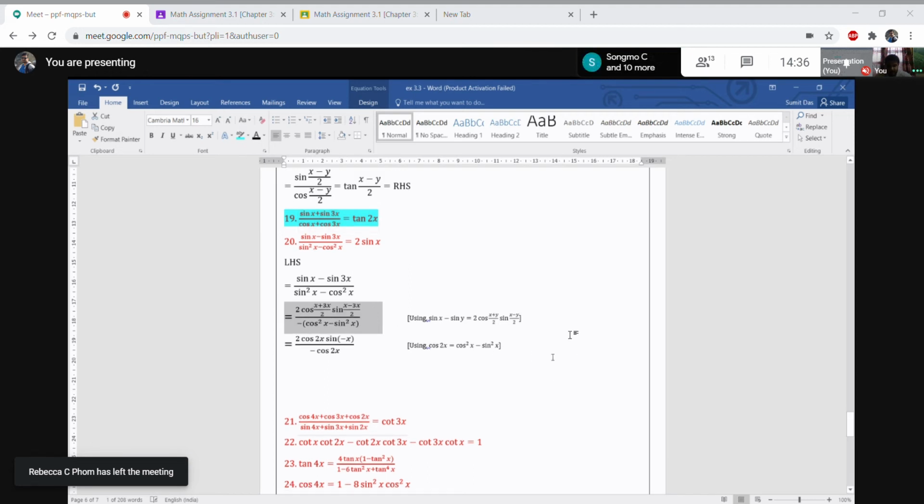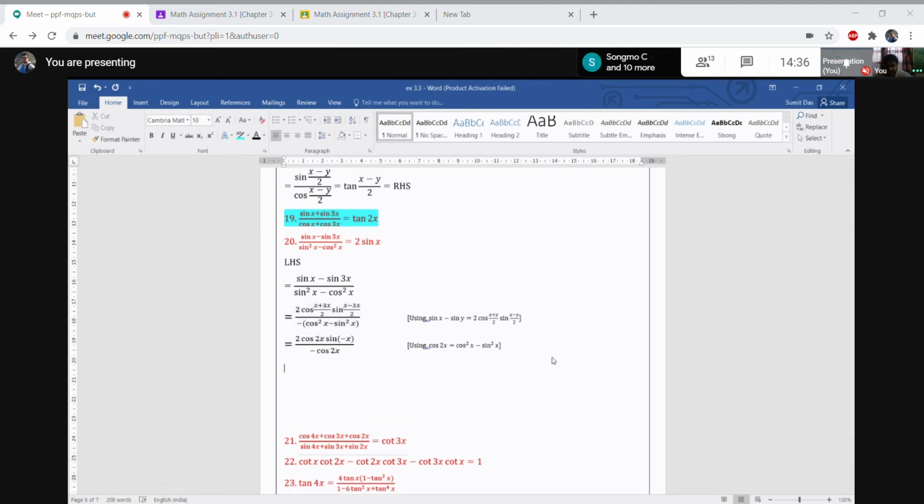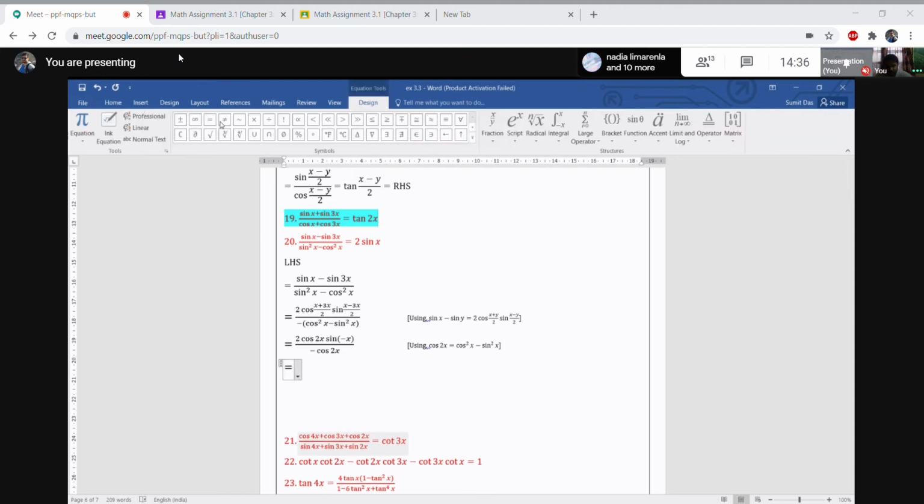Okay, so next line we can write 2 cos 2x, right? Or we can easily cancel cos 2x.